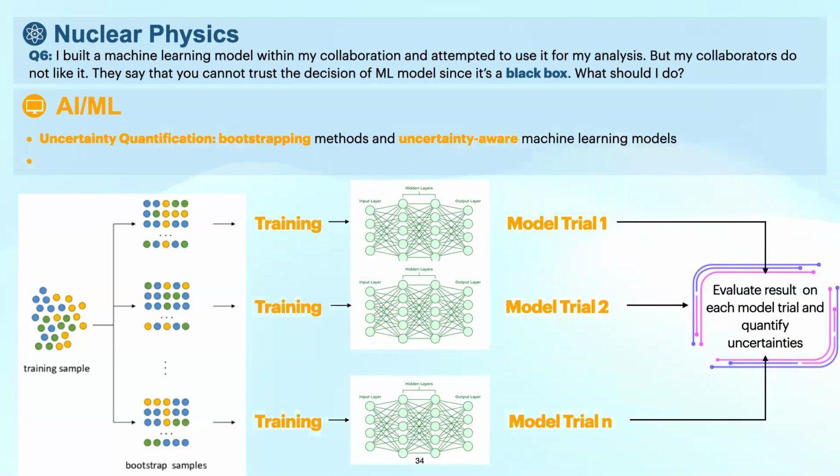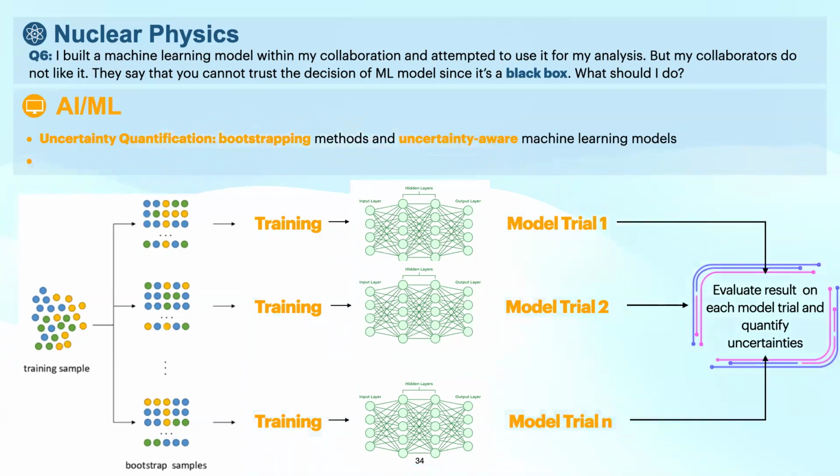The idea is you have some training data set, some training samples, and you perform bootstrapping over the data set. Bootstrapping just means randomly sampling with replacement: you pull a data point out and you put it back, so it's possible to have the same data point multiple times within your data set. You can bootstrap many different times.